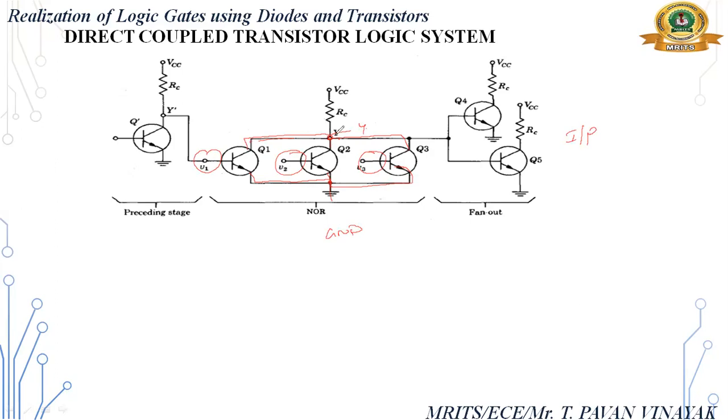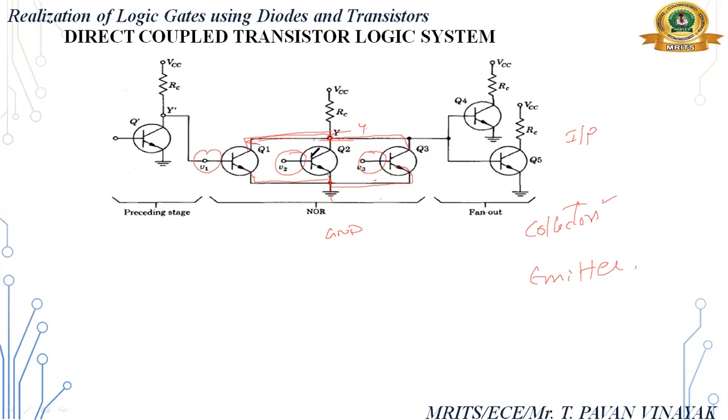Have you used any resistance between the connections of collectors and emitters? While joining emitters and collectors, have you used any resistance here? No, we did not use any resistance.